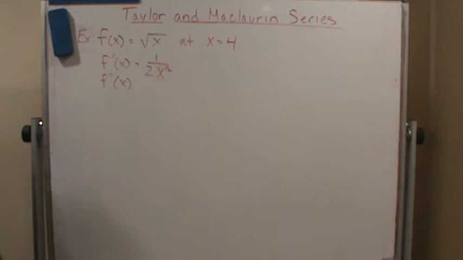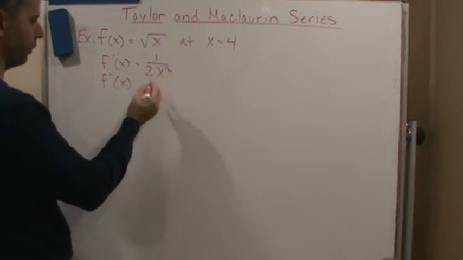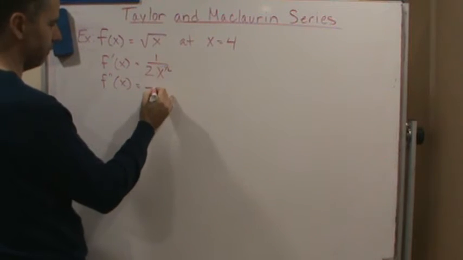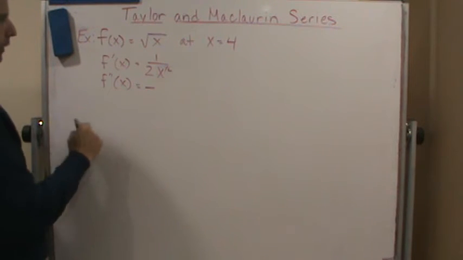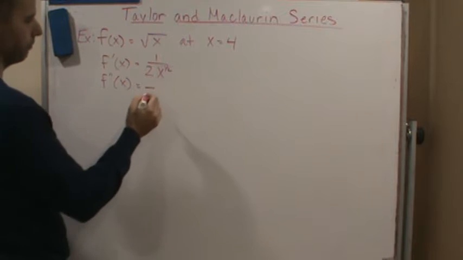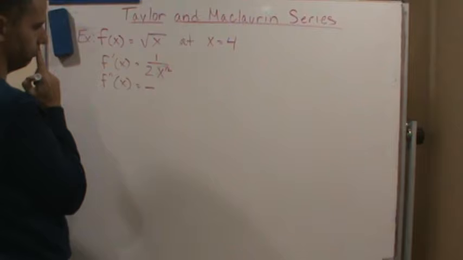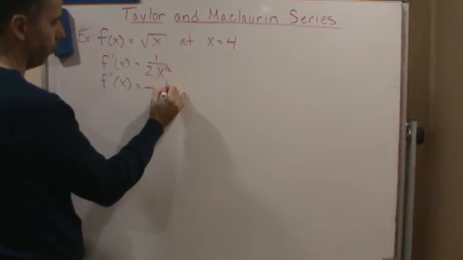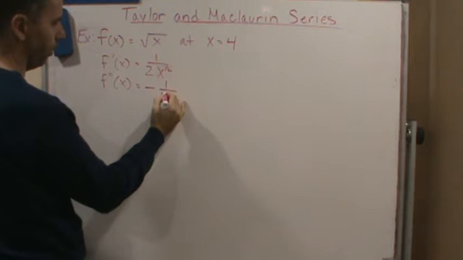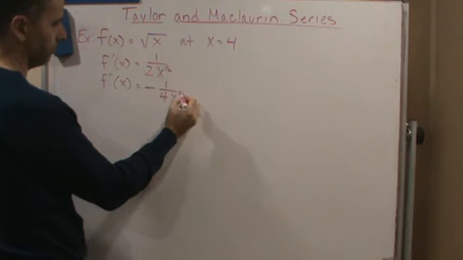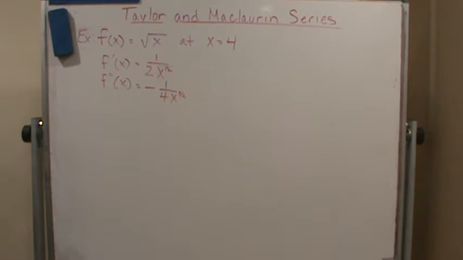And then if we take the second derivative, we're going to get negative 1 over 4 x to the 3/2. Right?